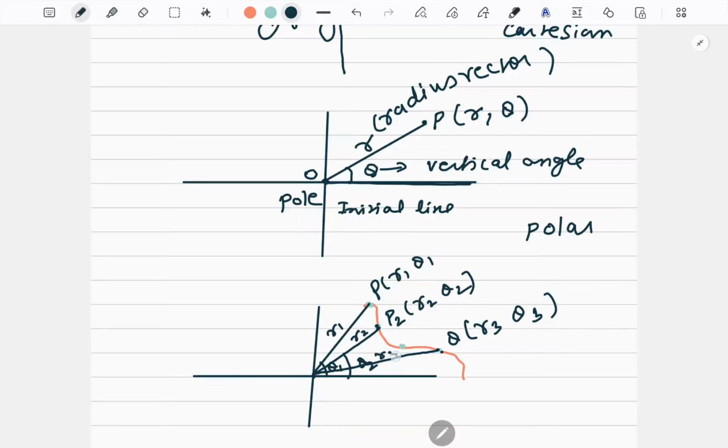Instead of the perpendicular distances from the x-axis and y-axis, I now talk in terms of radius vector and angle. Even if you have a spiral or any curve with many turns, it is easy to handle with angles rather than perpendicular distances. Cartesian you already know, and now I have explained what a polar coordinate system is.